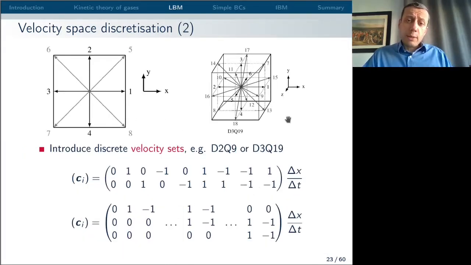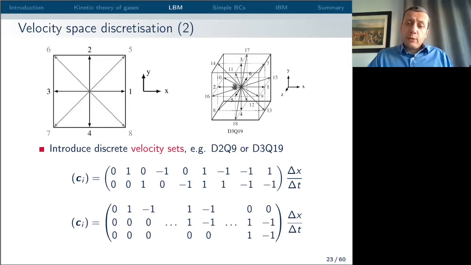What are the outcomes? In 2D, I mentioned already, you can end up with 9 different velocities. Let me illustrate it. You can have a molecule that is not moving at all, so it is staying where it is. It will not end up at a different node after one time step. Or you can go to one of the next neighbors in one time step. So if you count, you have 4 directions along the primary axes, 4 diagonal options, and the option that you don't move at all, which makes 9 in 2D, and therefore we call this lattice D2Q9.